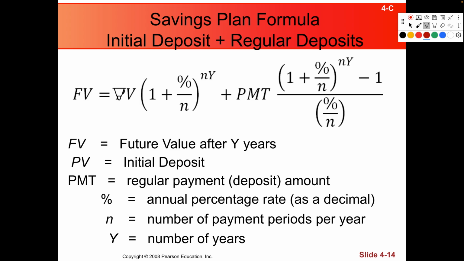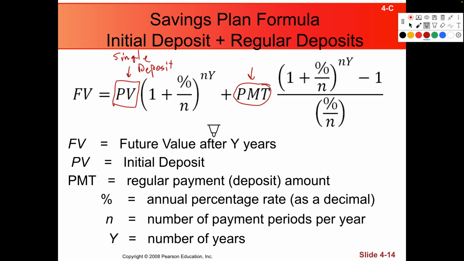There are also savings plans where you start with some money, so you put a big deposit down. So this would be a single deposit. And then you could also make, say, monthly payments. So these are regular deposits on top of an initial deposit.